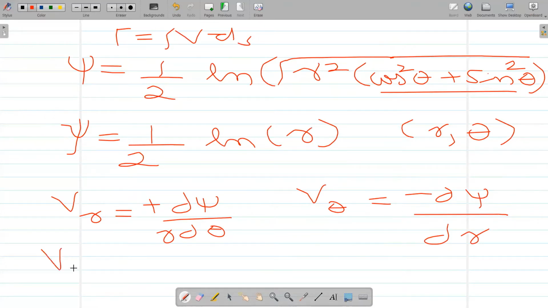So calculating Vr is dou psi by dou theta, and since psi is not a function of theta, this is basically 0. And V theta, if I write it, is minus dou psi by dou r.